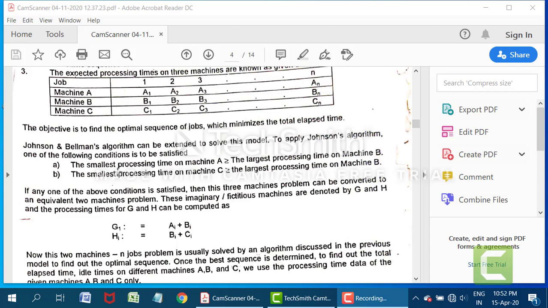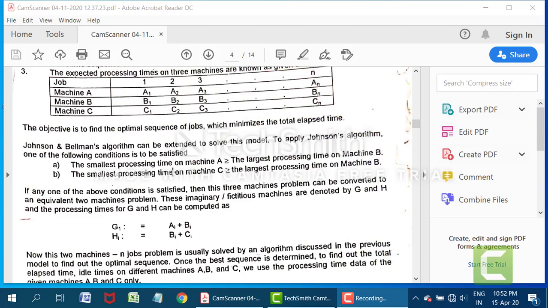If that condition is not satisfied, then you can verify the other condition. Identify the minimum processing time on machine C. If that minimum processing time on machine C is greater than or equal to the largest processing time on machine B, the middle machine, then also you can apply the algorithm.